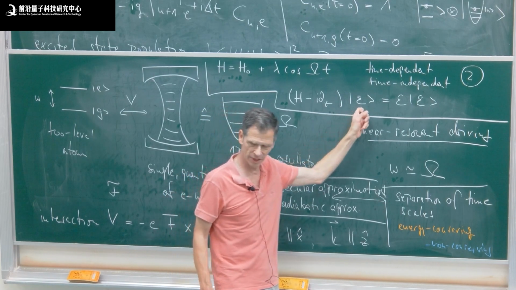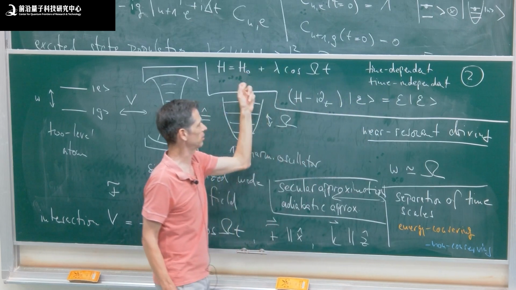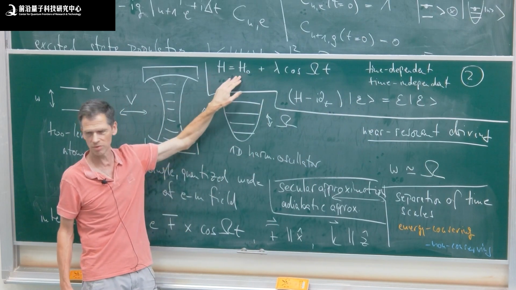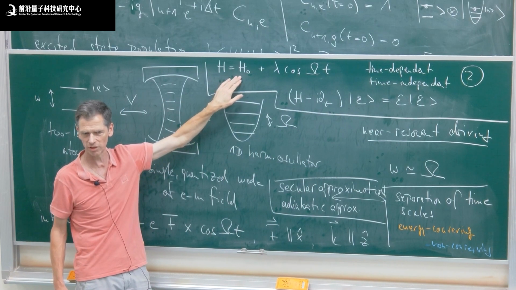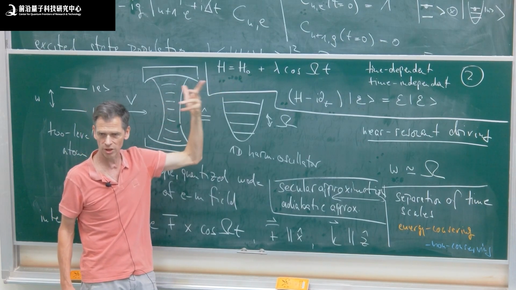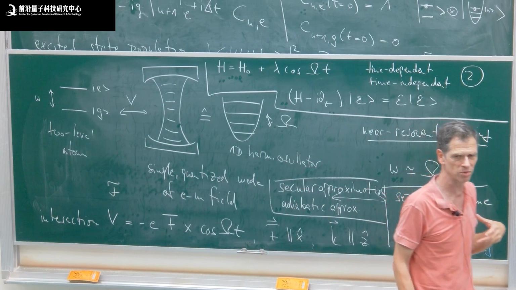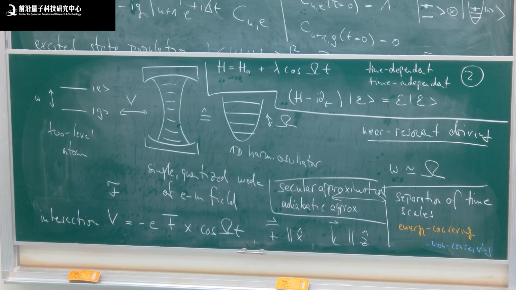And in the light of this statement, I ask you whether quantum dynamics generated by such time periodic Hamiltonians are closer to time-independent problems in quantum mechanics or time-dependent problems in quantum mechanics. Is the question clear?